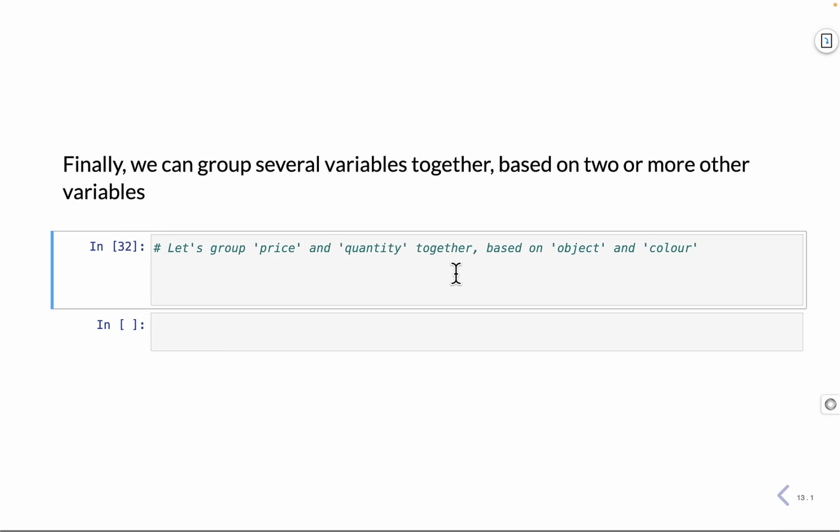Finally, we can also group several numerical variables at the same time based on several categorical variables. So this time, let's first look at the data frame, and then for this data frame, let's look at a list of 2 columns. Right? Let's say I'm not only gonna divide prices into groups.